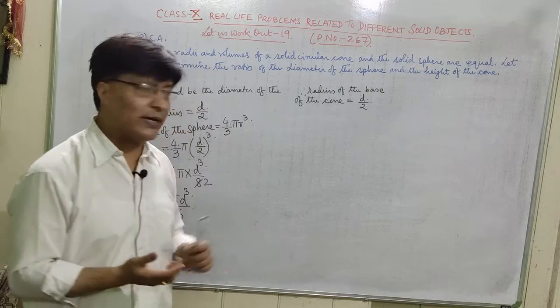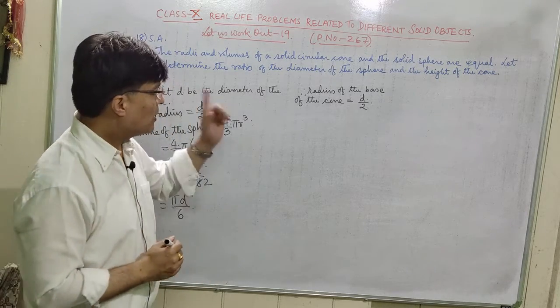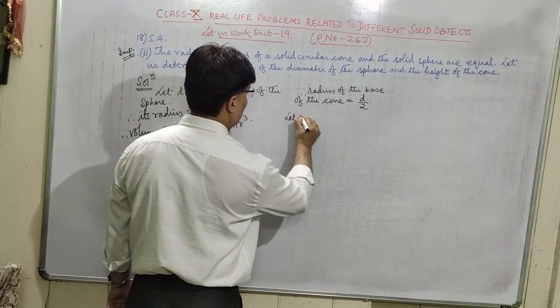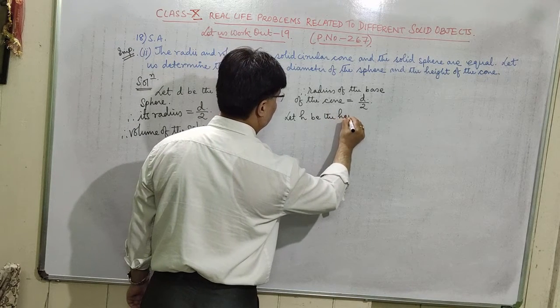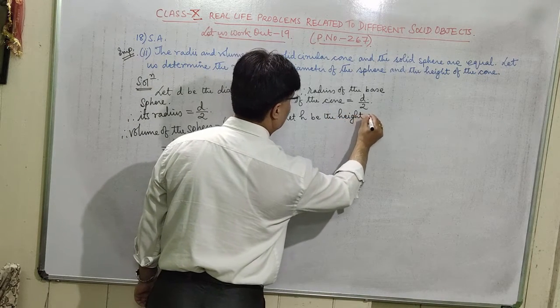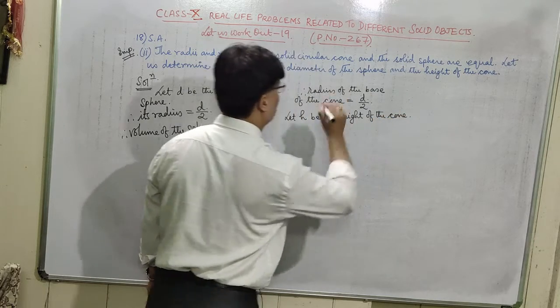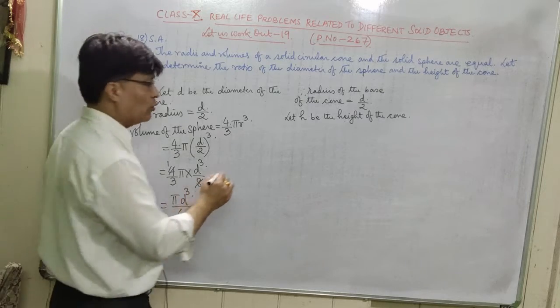So that's why you can write the radius of the base of the cone is equal to d by 2. Now let us assume the height of the cone. Let h be the height of the cone. Okay, so let us find out the volume of the cone now.